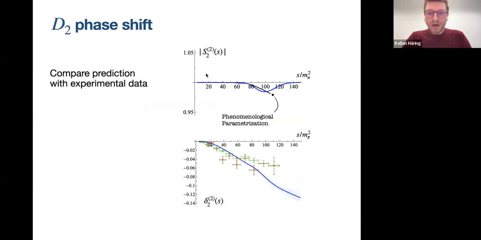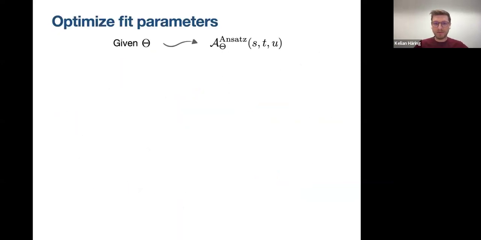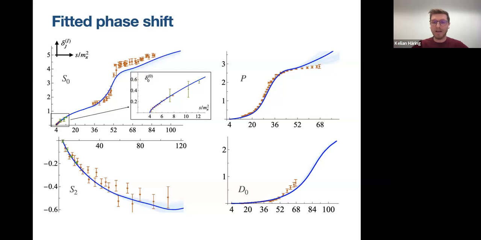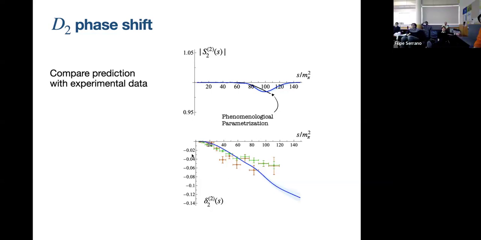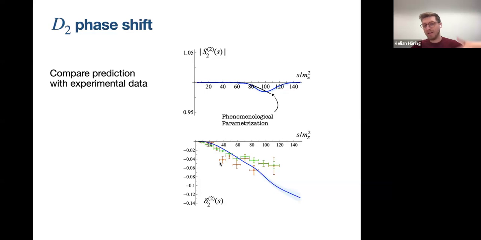Now we can go further because we only fitted those data, but we have more data that we can compare to see if the amplitude we got is reasonable. The first check is the D2 phase shift. We didn't fit those data, so we just look at the amplitude in this channel and compare with experimental data, given as these orange and green error bars.